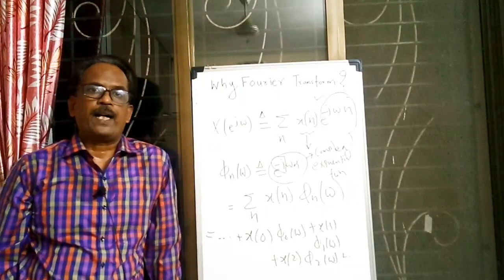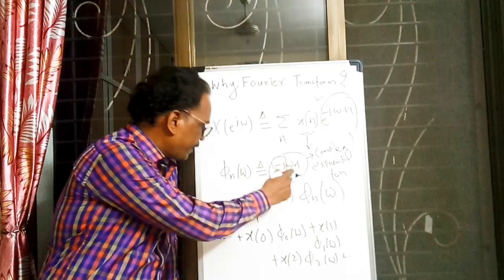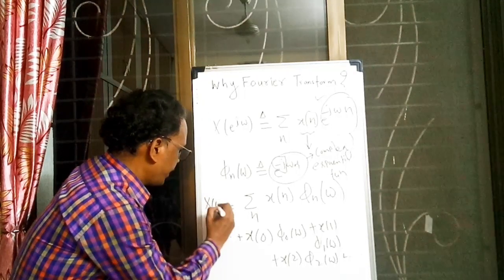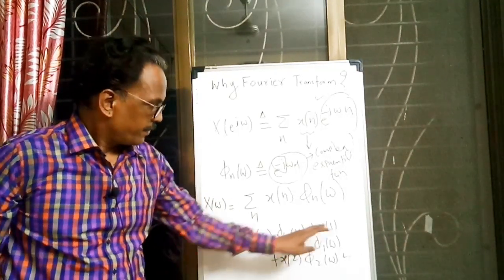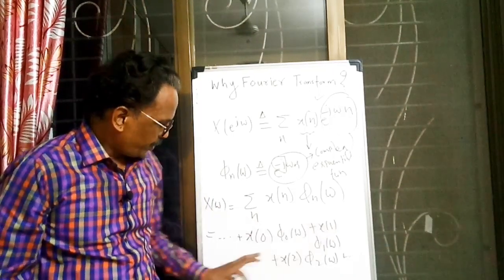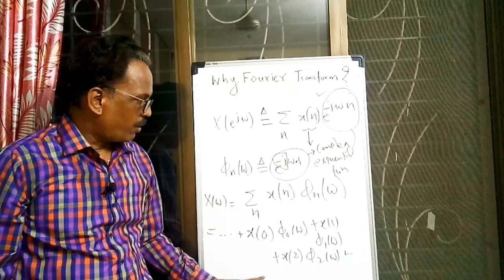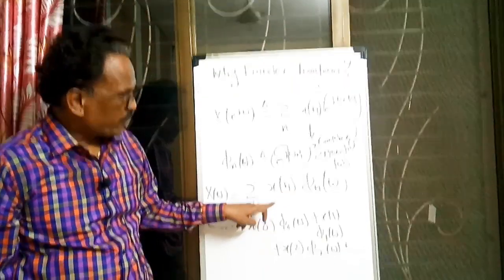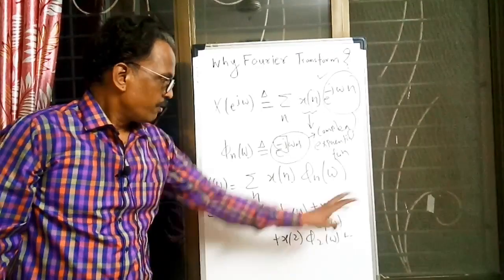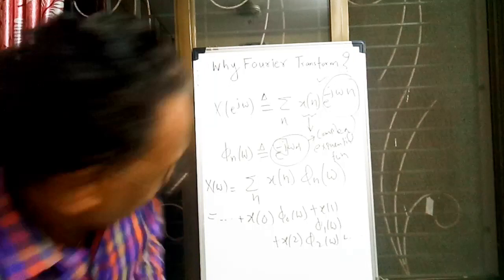If we define phi n omega like this, then X of omega can be written as a linear combination of phi n omegas. The number of phi n omegas is decided by how many samples are non-zero in x of n. Let us say the length of x of n is N; there will be N phi n omegas coming in the linear combination for X of omega.